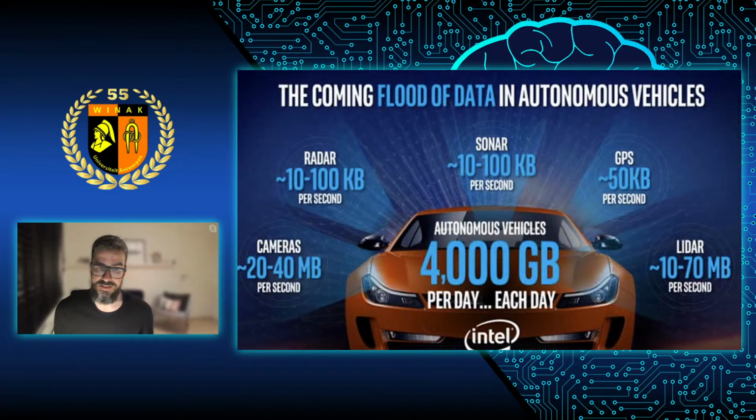And that actually means about 4 terabytes per day of data for each autonomous vehicle that you have. If you would need to pump all of that over a wireless network to a cloud data center, where you then run some kind of complex AI model, that's never going to fly.